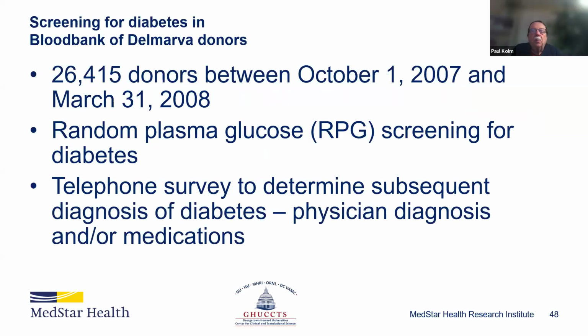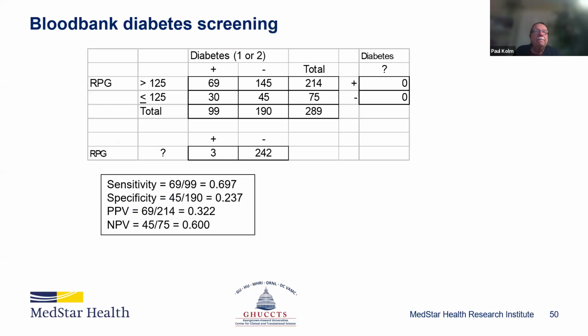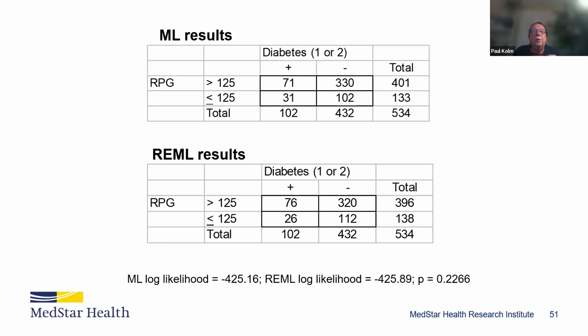So one other example that I was going to go through is screening for diabetes. I won't take time to do that because I'm running out of time and I want to take some time, but we did sort of the same thing and calculated the sensitivity and specificity, and then I showed the difference in the maximum likelihood and the restricted maximum likelihood.